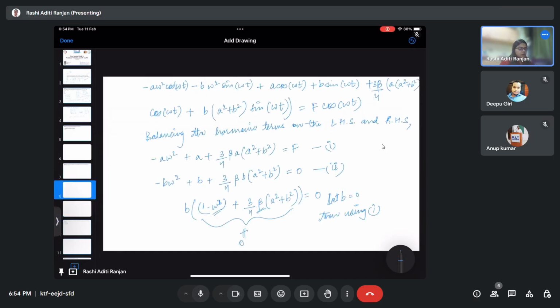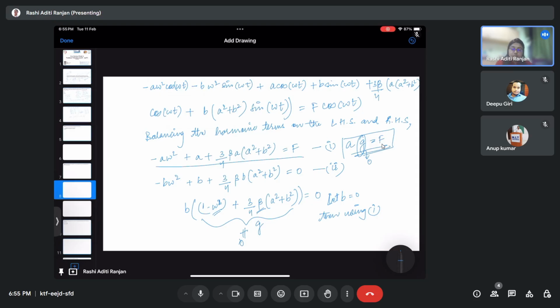Also, why are we not considering this as 0? Because in this equation, if we take a common, we'll have a. If I consider this as, let us say, g, then from this equation we are going to get a into g is equal to f. So if my g is 0, then this equation does not have any validity.